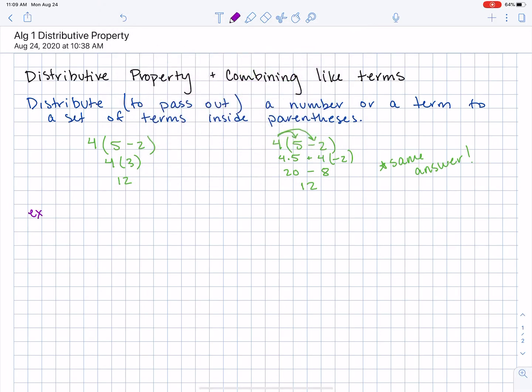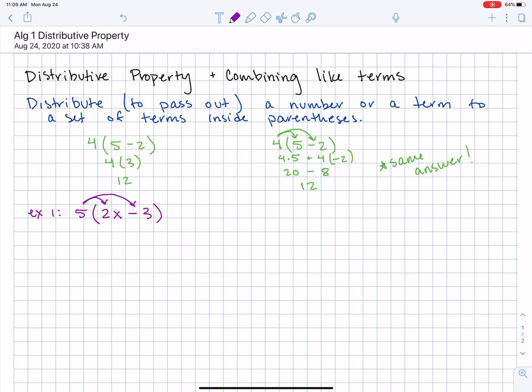So example 1. I'm going to start off with a pretty simple one. 5 times 2x minus 3. Now, you want to make sure that you're going ahead and distributing this 5 to both terms. But what always gets kind of tricky about this is that you need to watch your signs when you are distributing.